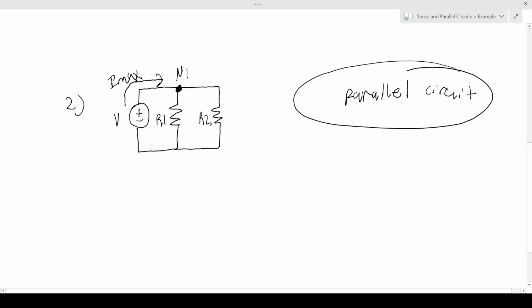So this is I max flowing into the node, and once I max hits the node, it divides. Some of the current will flow through this branch right down here into R1, and some of the current will flow into R2, and we'll denote those currents by I1 and I2.